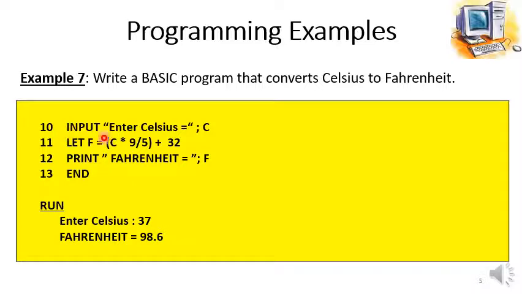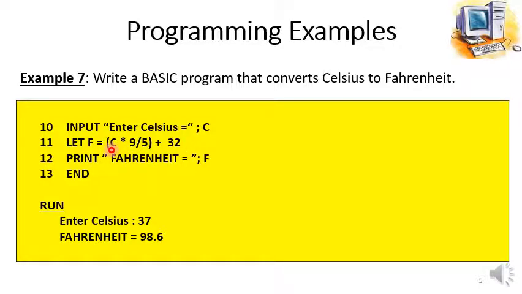First we will write the input statement, which will ask to enter temperature in Celsius. So it will display the message "enter Celsius", and the value that we will input will be stored inside variable C.